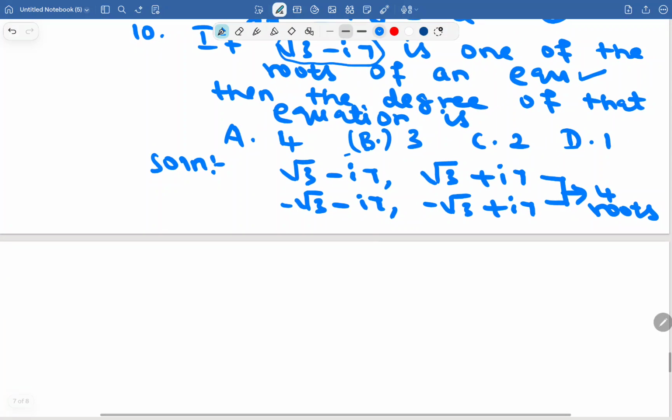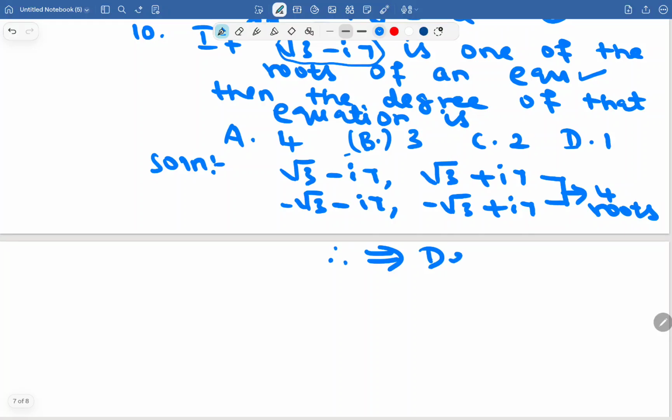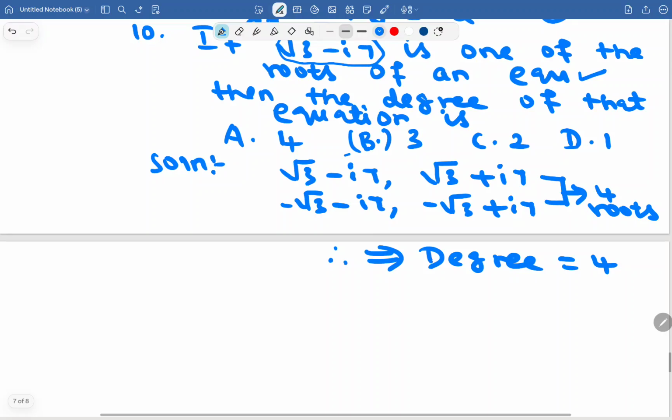An nth degree equation must have n roots. Here we have 4 roots, so the degree must be equal to 4. Because of the simple concept that an nth degree equation must have n roots, since we have found 4 roots, the degree of the equation must be 4. Option A is the correct option.